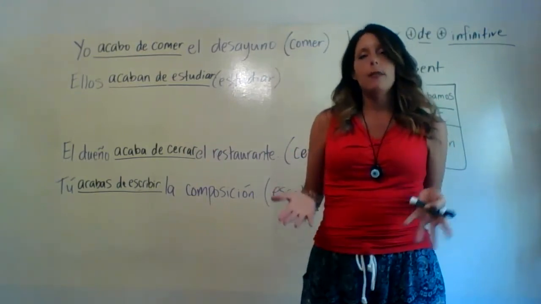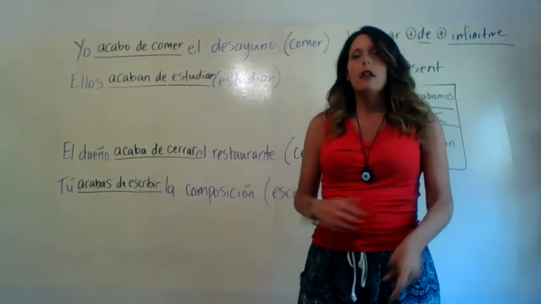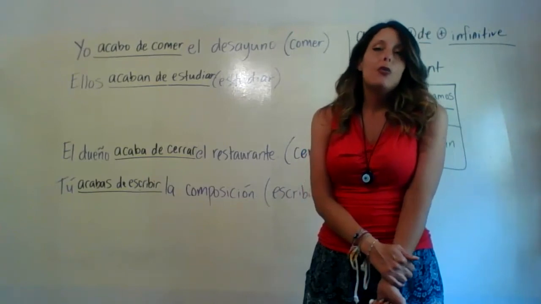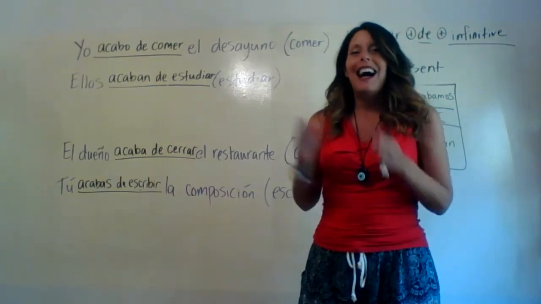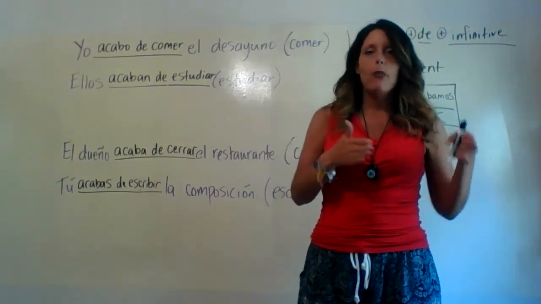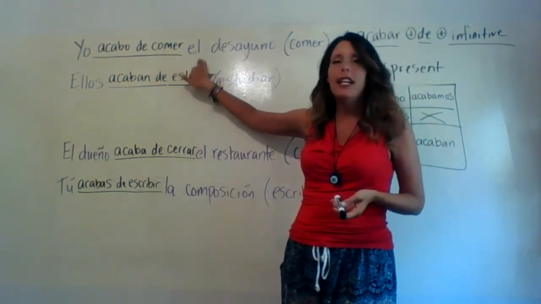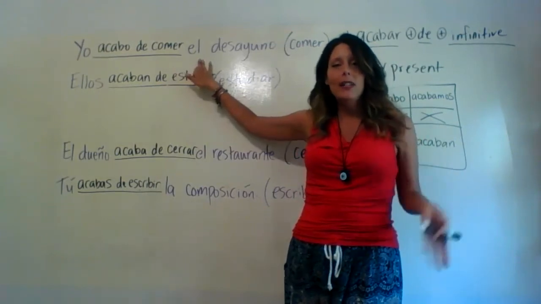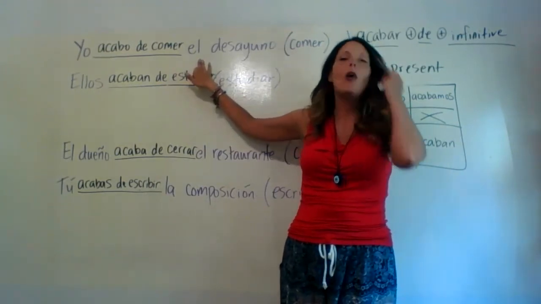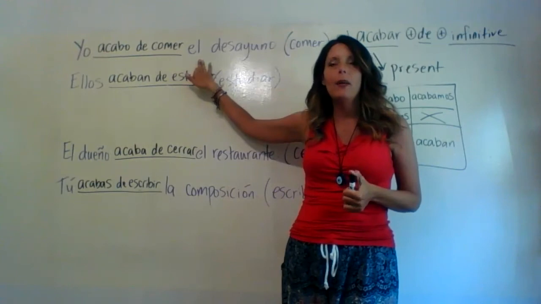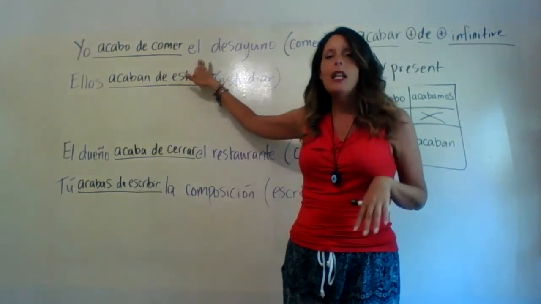Instead of responding to me, yes, I've eaten breakfast, let's say you want to respond to me, I just ate breakfast. So if I were you, I would write down this sentence right here. Not only write it down, but also write down what it means, because it often doesn't help us if you don't know what it means or semi equates to in English.